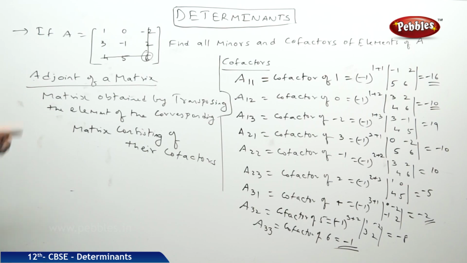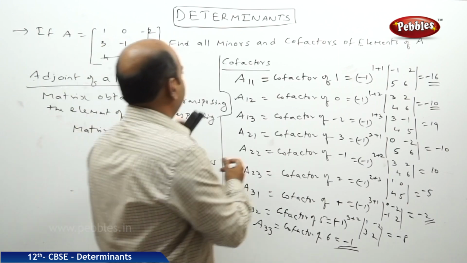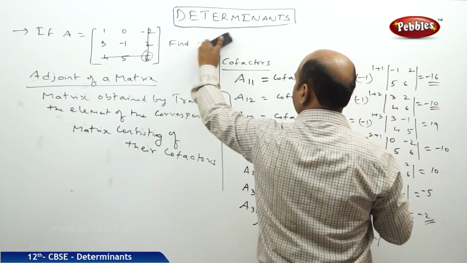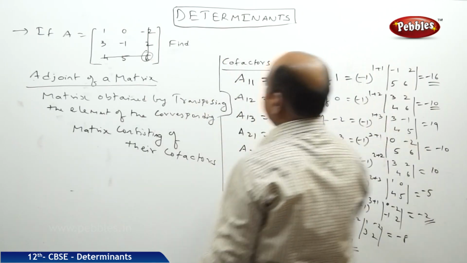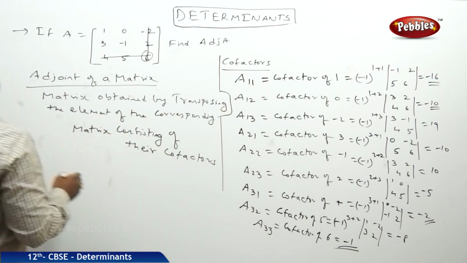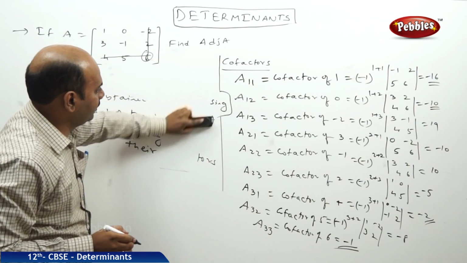That means if suppose a question is given to us, find, if A is equal to something, find adjoint A. How we will be doing, observe carefully.